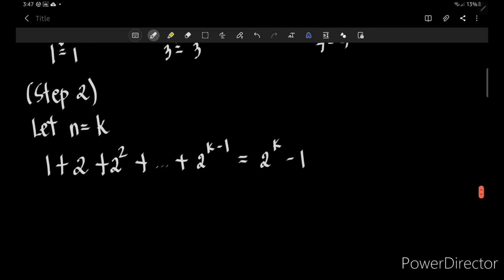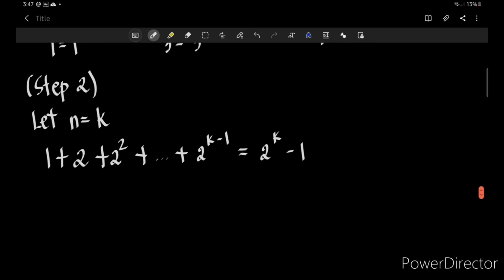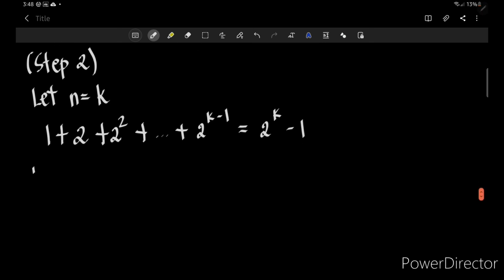Alright. Now, if inassume natin na ito ay equal for some k, dapat ipakita rin natin na ito ay totoo for the next number, and that is k plus 1. So, let n is equal to k plus 1.